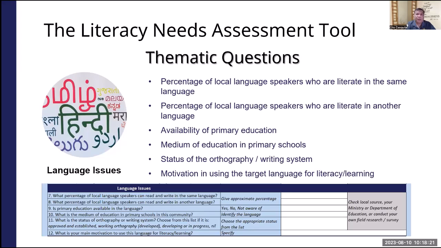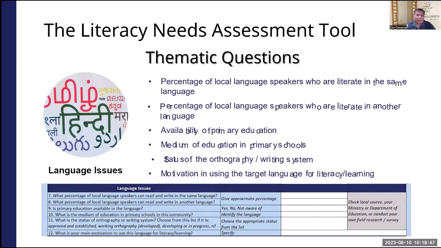And another important, open-ended question is about the motivation of the Bible Society or any entity to use that particular language, or the target language, in literacy and learning. So they can give us different motivations or reasons for using this language. And same with the other questions earlier, we also have some guidelines on how to use this questionnaire.